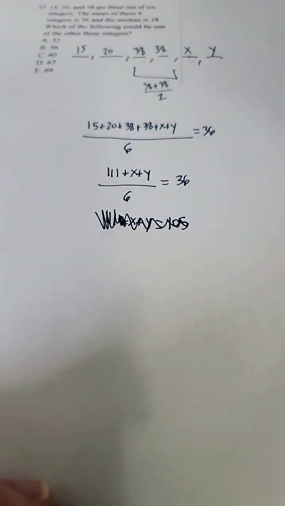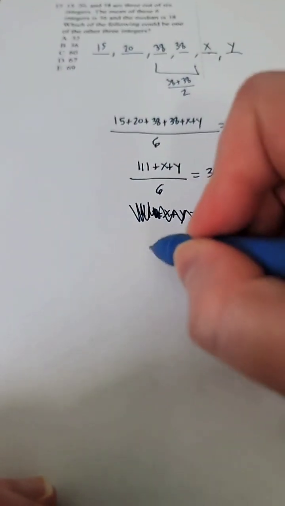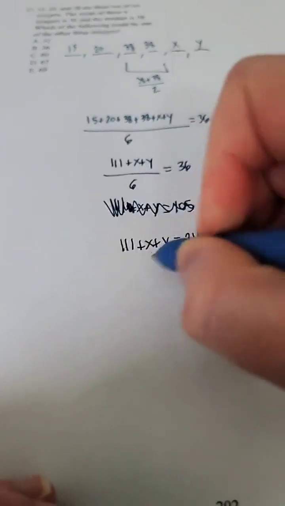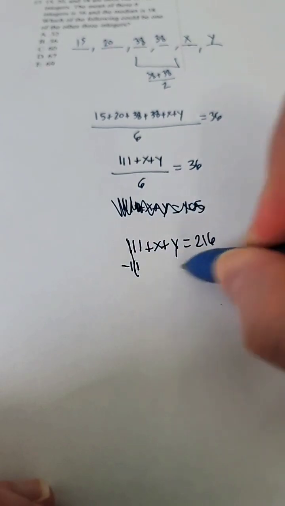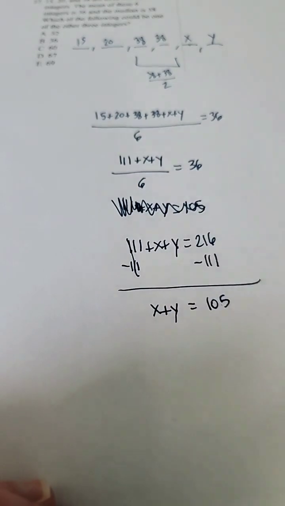So let me do it one step at a time. 6 times 36 is going to be 216. So this is going to be 111 plus x plus y is equal to 216. Then you have to subtract 111 from each side. And that's when you get the 105. So 105 is equal to x plus y.